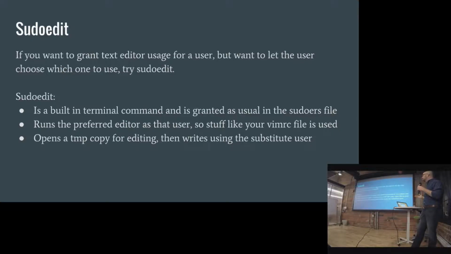It loads everything in a temporary file, and then the root process later on, after you're done modifying, takes your version and copies it into the actual file. So you can also use any of your local variables too. If you have a vimrc file that you absolutely love, it'll use all that.